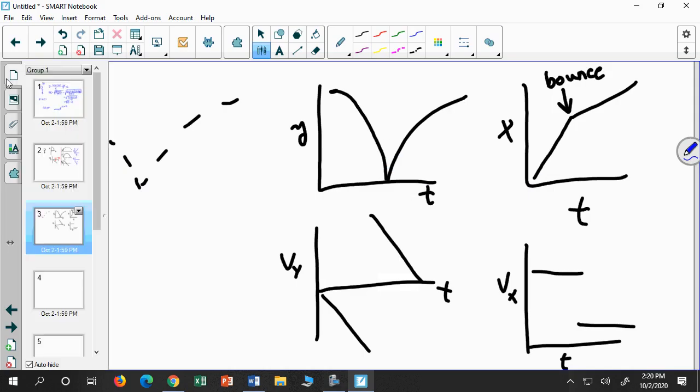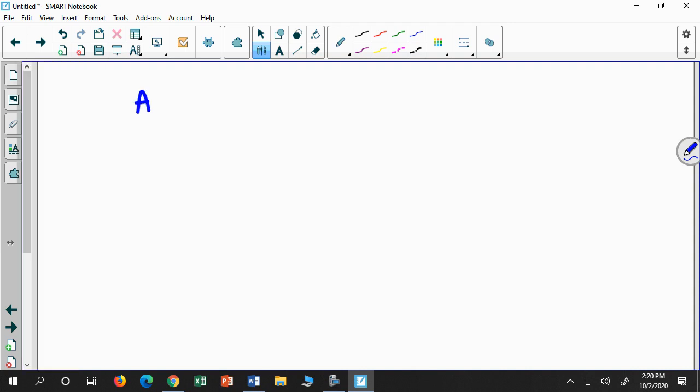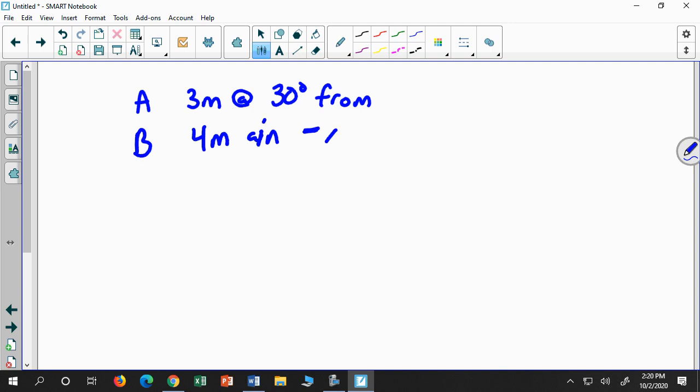So I'm going to give you 2 vectors, one off axis, and you have to find the sum of them. This was just like from the exam, right? We had to do this on the exam. Let's just do a quick example. Let's say that vector A is 3 meters at 30 degrees from the x. And vector B is 4 meters in the negative x direction.